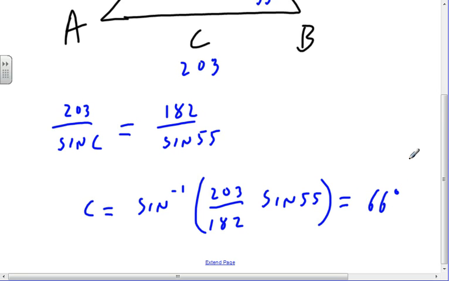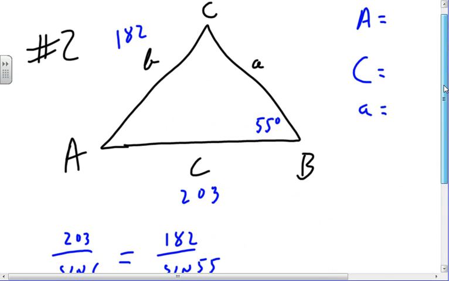All right, so big C can be 66 degrees. If that were the case, then I can have 180 minus 66 minus 55, and this is going to be 59 degrees over here. That's to get the A.